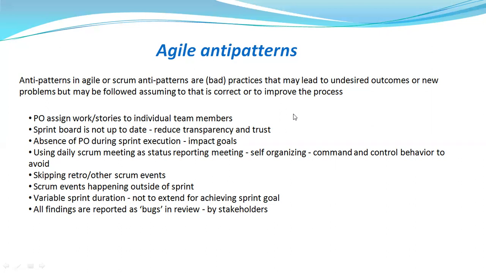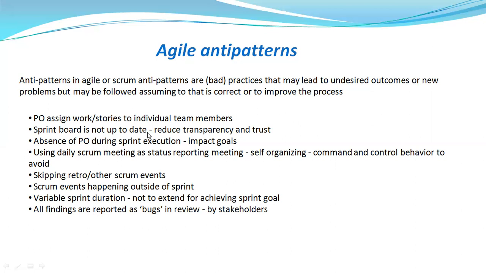That is an anti-pattern, and there are a lot of anti-patterns seen in an Agile or a Scrum project. I have just consolidated a few of the commonly seen Scrum anti-patterns here, and there may be more also.